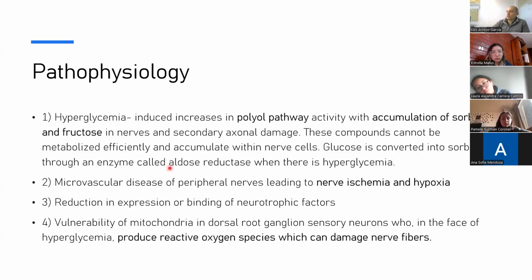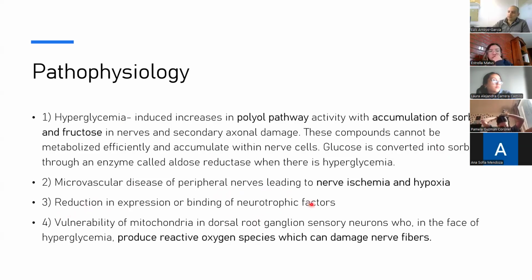Then we have microvascular disease in peripheral nerves leading to nerve ischemia and hypoxia. So this generates less oxygen to the nerve cells.